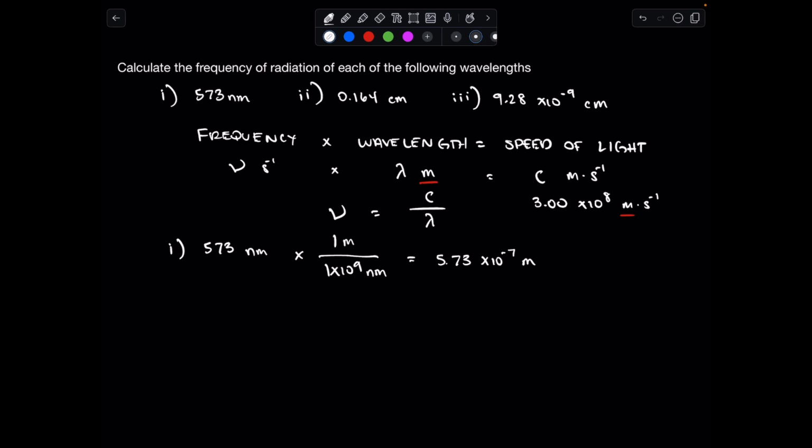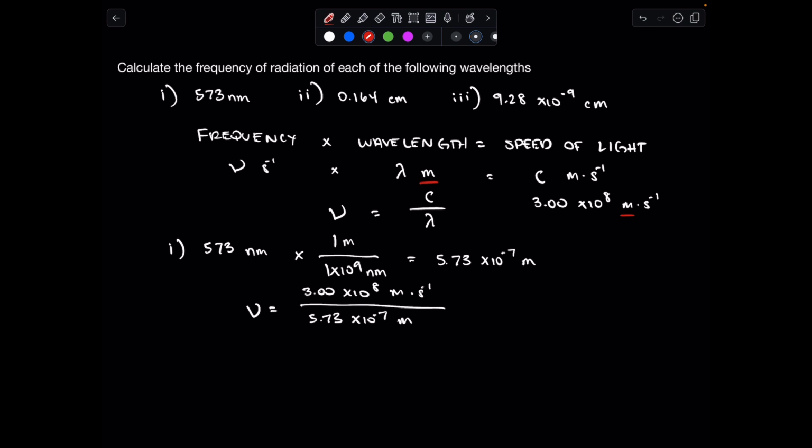Now that we have that, we can now replace it into our equation. So nu is going to be equal to our speed of light, which is 3.00 times 10 to the 8 meters per second, divided by our new number, 5.73 times 10 to the minus 7 meters.